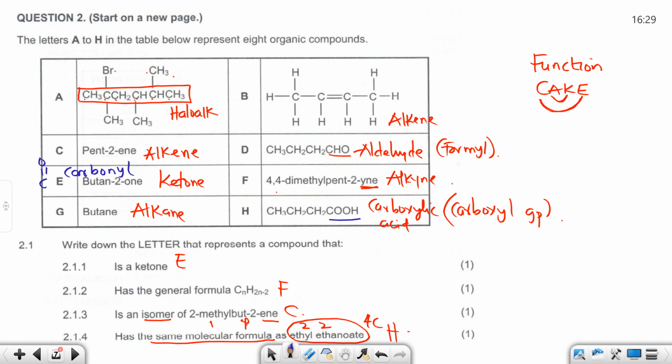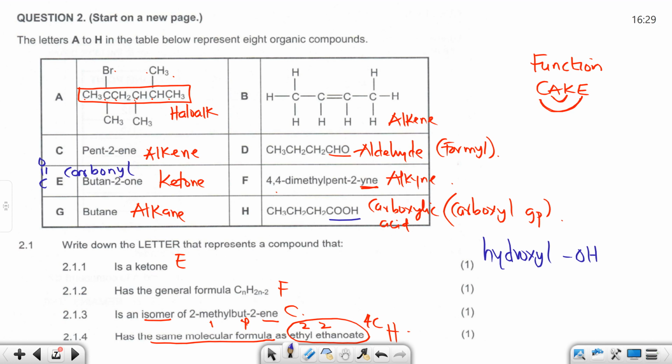And if it is alcohol, it is hydroxyl. Please don't forget these names of the functional groups. Hydroxyl OH, carbonyl CO, formyl CHO, carboxylic COOH. Those are the main ones that we have in terms of the names.